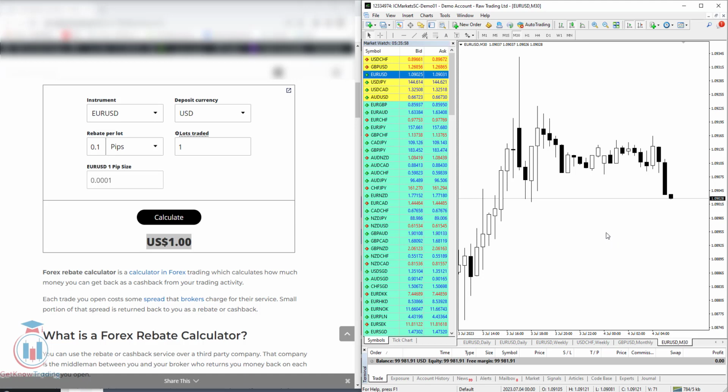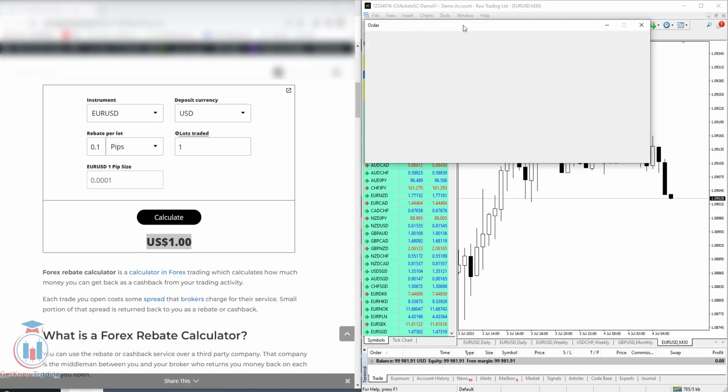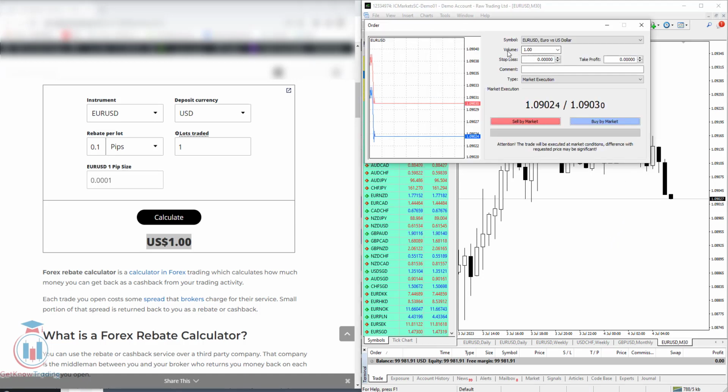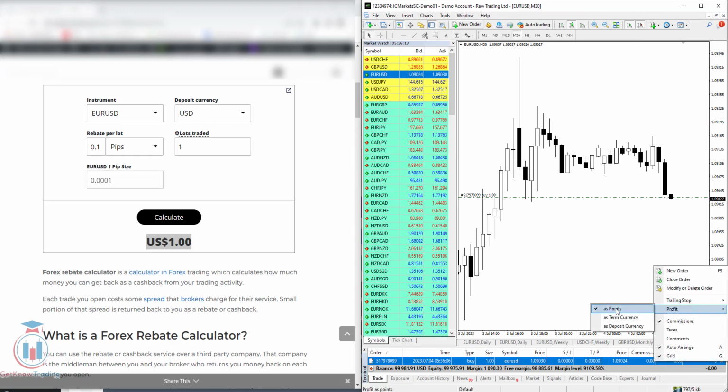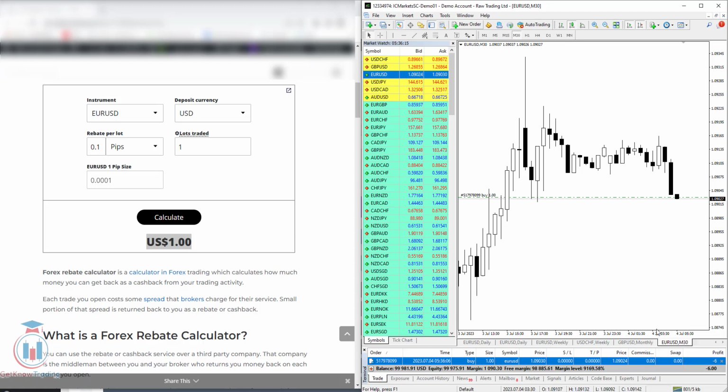So for example, if we open an order here in the trading platform, and I will put volume 1, which is one lot size, and I will buy by the market. You immediately see that the current is -6, and you go here, you will see that is -6 points. So that means minus 0.6 pips.